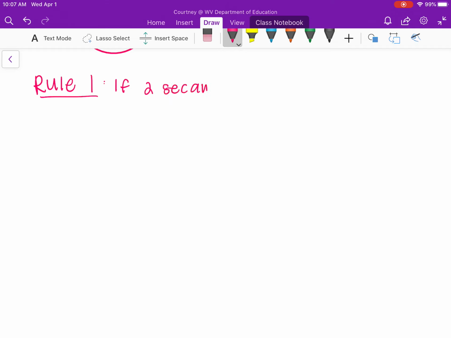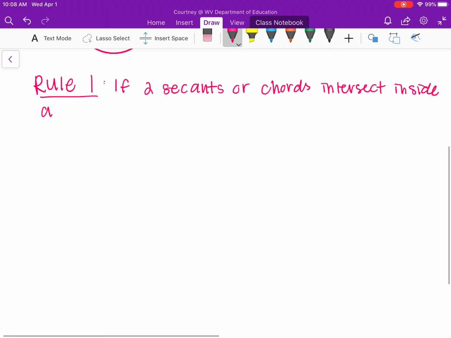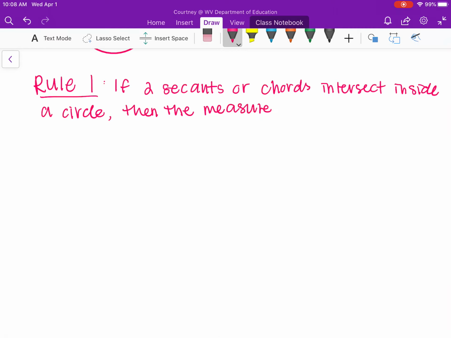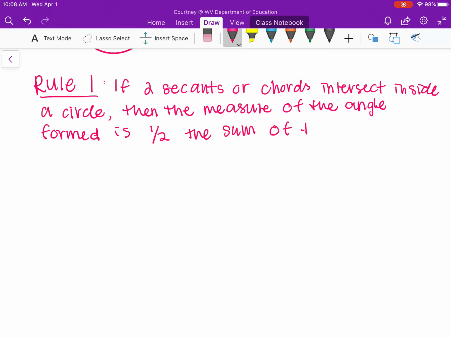If two secant lines or chords intersect inside a circle, then the measure of the angle formed is half the sum of the intercepted vertical arcs.